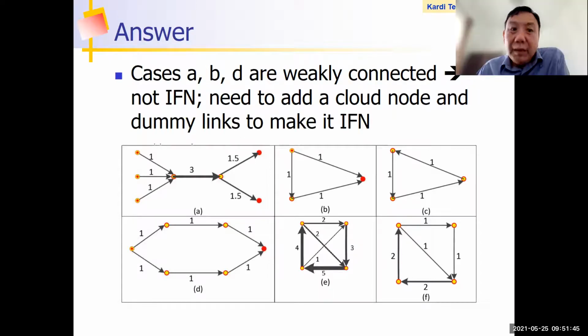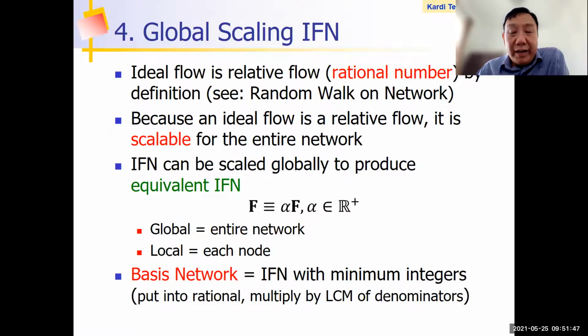Okay, next topic is about global scaling. This is important to calibrate, okay? Remember, ideal flow is a relative flow. That means it is a rational number, by definition. Remember in random walk on network, we need to divide the flow with the statistic of the flow.